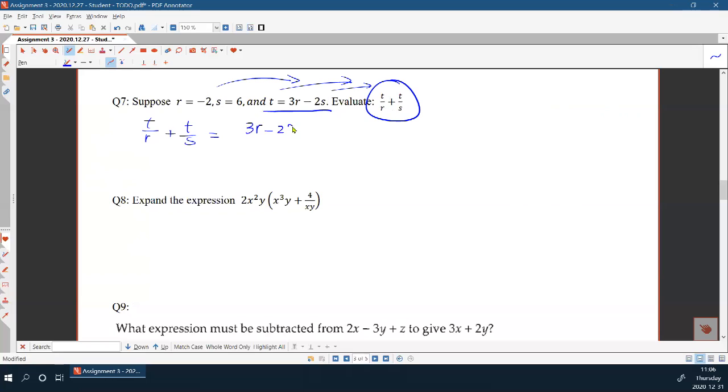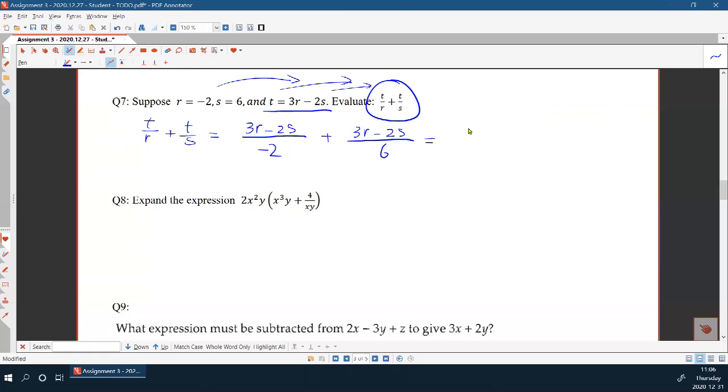3R minus 2S divided by R plus 3R minus 2S. Okay, R is -2, right? So we put -2 here. And S is 6, we put 6 here.